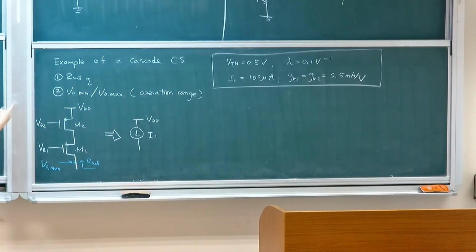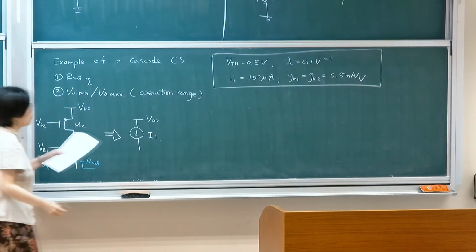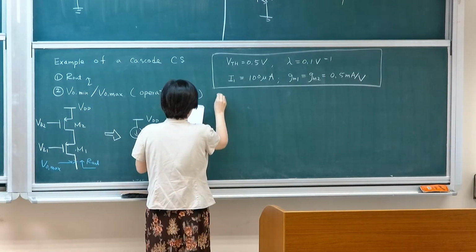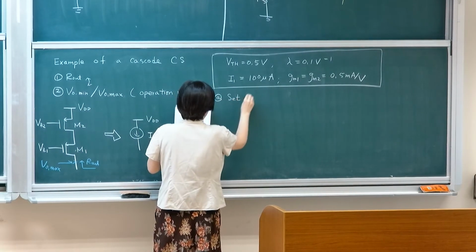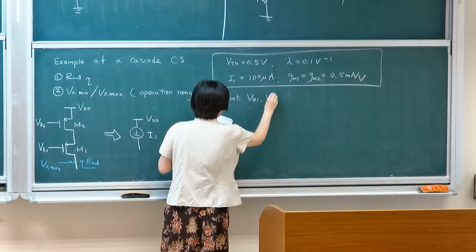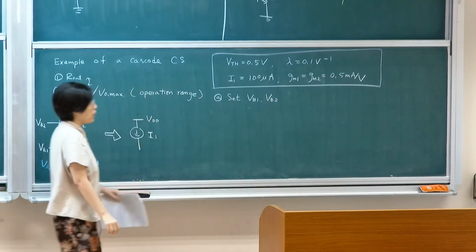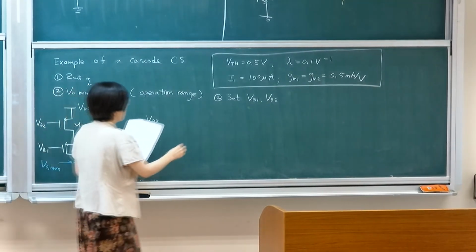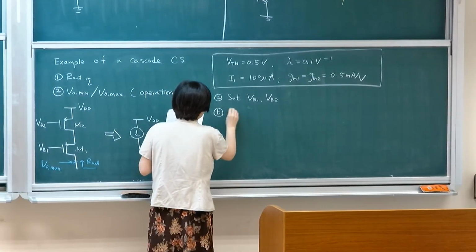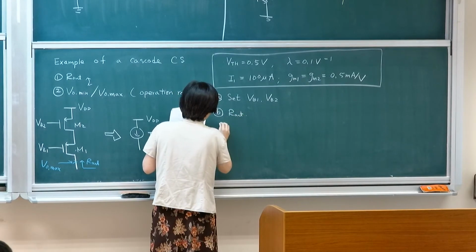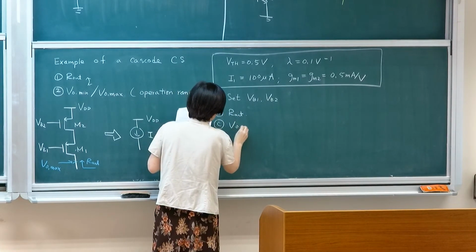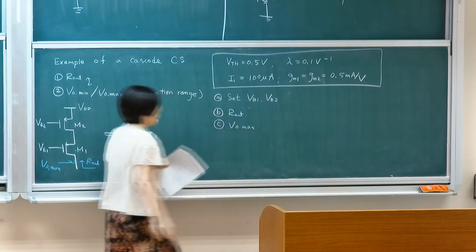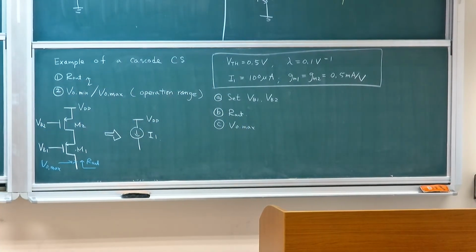To achieve that target, we want you to first set VB1 and VB2 so that this is met. The other is to find its output resistance, of course. And lastly, to determine, in that setting, what is your ceiling, what is your maximum voltage, so that both transistors are still operating in saturation.